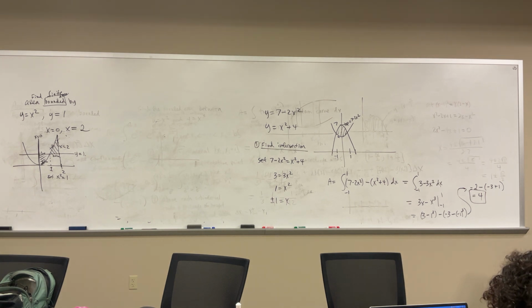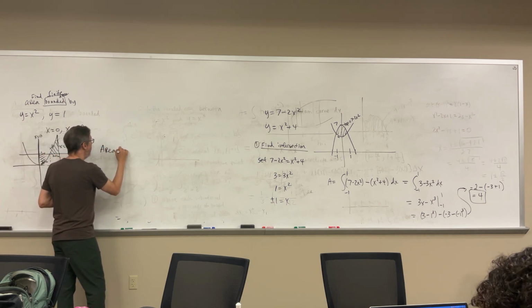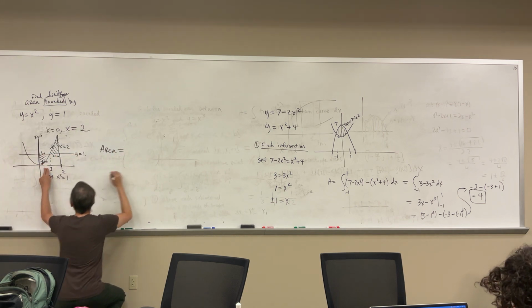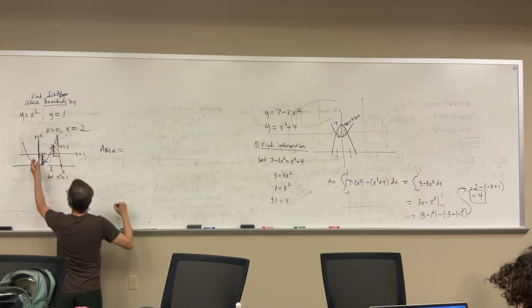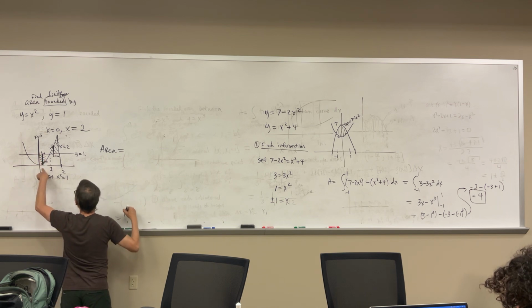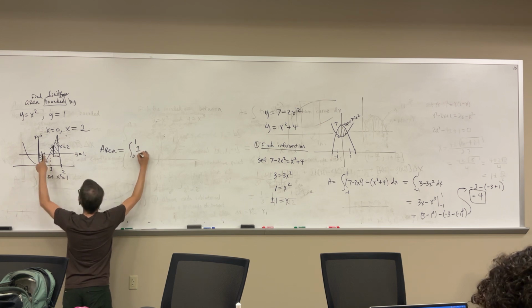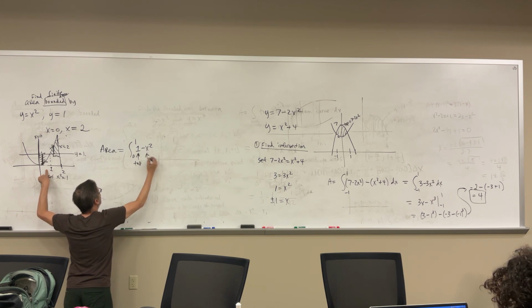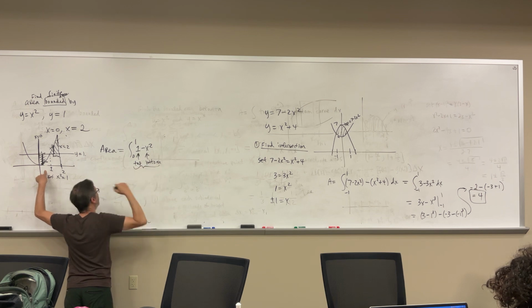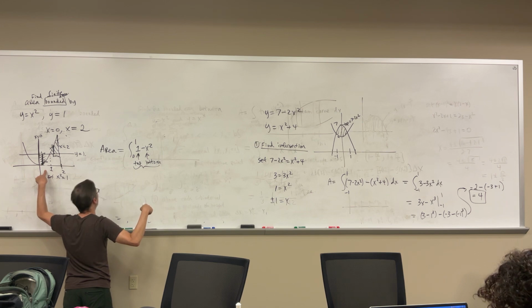That's why having a picture is so essential, because to do this area, I'm going to integrate, doing my vertical slices. I'm making my slices run from left to right, so from 0 to 1, the top is 1 and the bottom is x squared. Understanding this is key, because it's going to get trickier when we start spinning things in space and making 3D things, and we're definitely doing that.